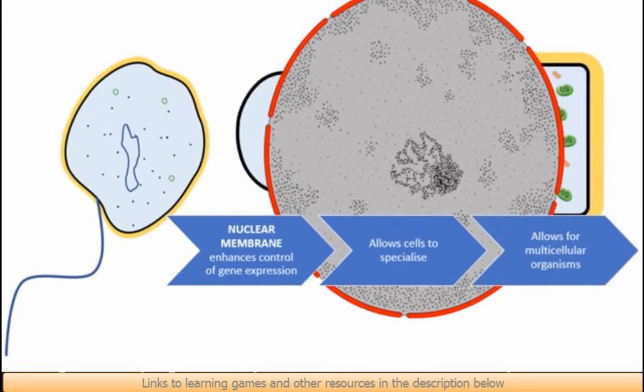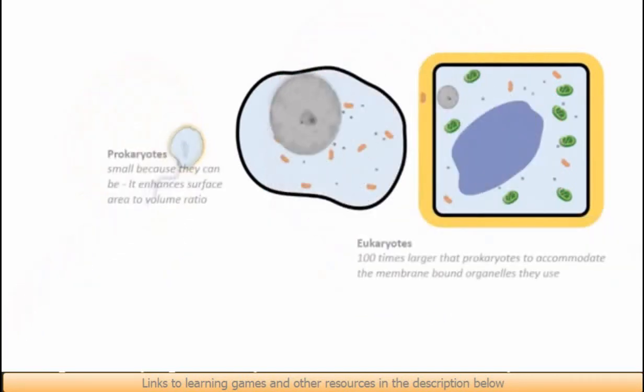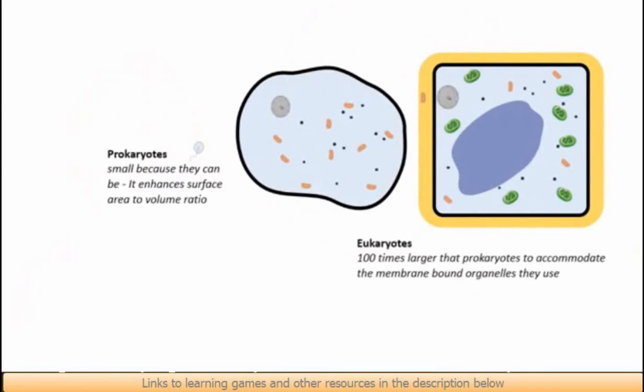Using membranes in this way to provide special conditions in particular regions of the cytoplasm allows eukaryotic cells to create organelles with the ability to perform specialist functions. The presence of these specialized membrane-bound organelles within eukaryotic cells gives the cells an increased range of abilities. But the organelles take up more room, so eukaryotic cells tend to be around 100 times larger than prokaryotic cells.